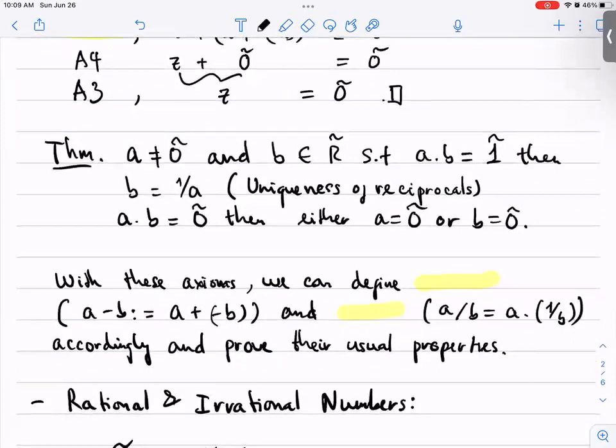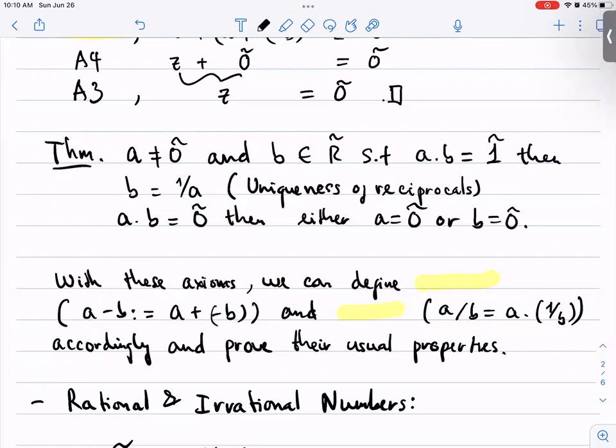The next theorem here says the following. If A is not equal to the 0 element and B is an element in the set of real numbers such that the multiplication of A and B is equal to the element 1, then B must be equal to 1 over A. So this is about the uniqueness of the reciprocal.